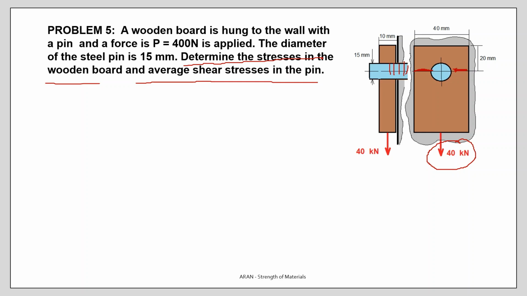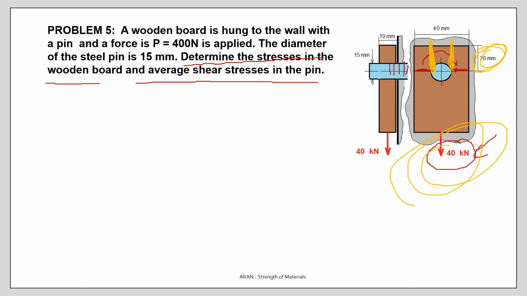You take this force, divide it by this section, and find the normal stress. The next possibility is that the wooden board is cut like this. If this length is too small, there may be a cut due to shear forces in these yellow sections. And what about the pin?